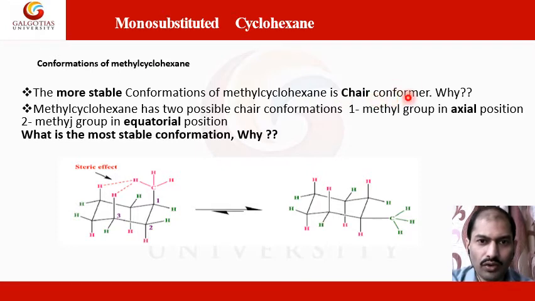So now here the chair conformer. Why? We will see with the example of a mono substituted molecule. Methyl cyclohexane has two possible chair conformations. The first one has the methyl group in an axial position and the second has the methyl group in an equatorial position. Among these, which one will be more stable and why?